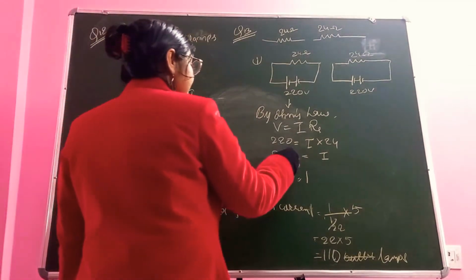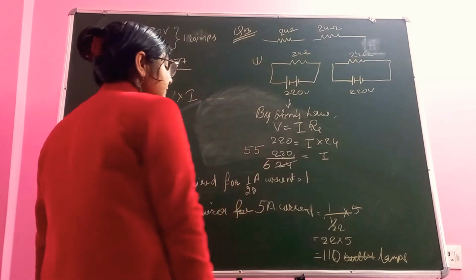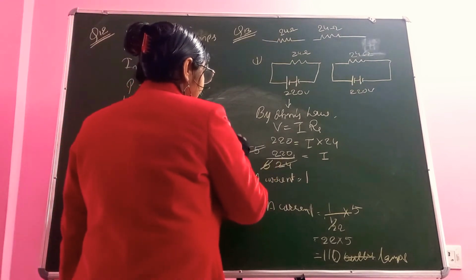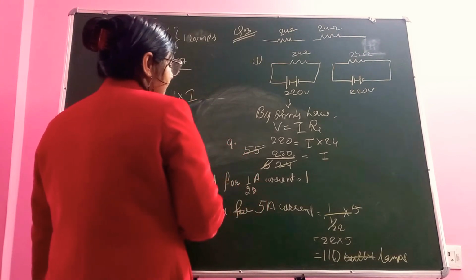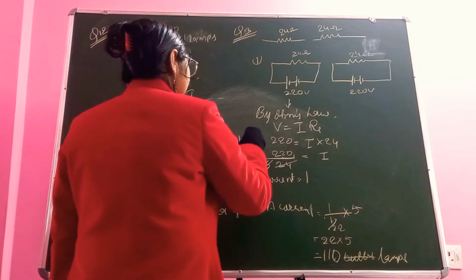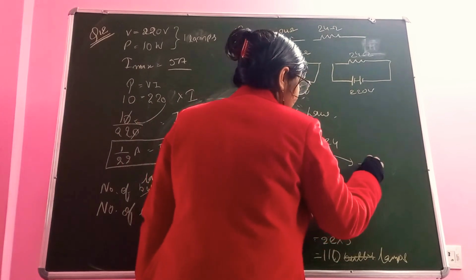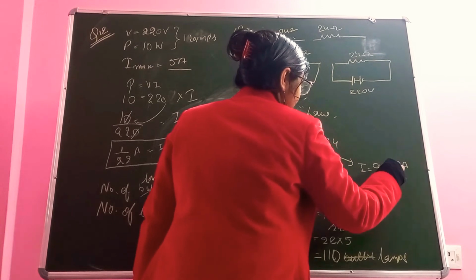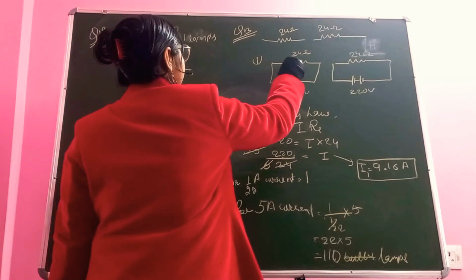Now cancel it. 6 9s are 54, then 6 ones are 6 and 40, 6 6s are 36. So the current in this case comes out to be 9.16 ampere. You can say that this is the value for I1 for this resistor.